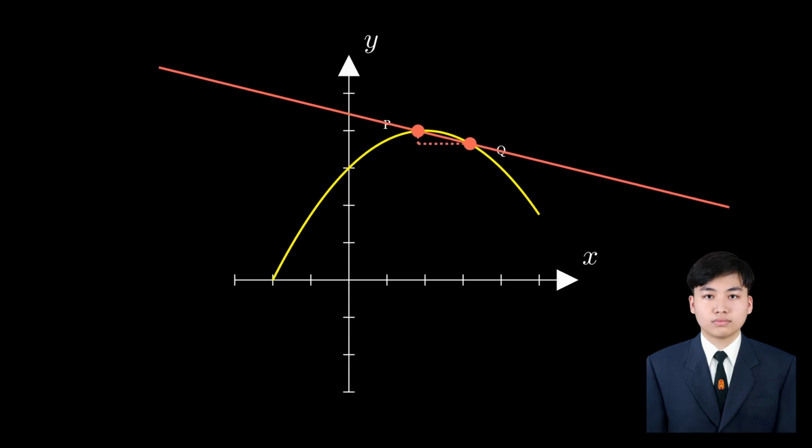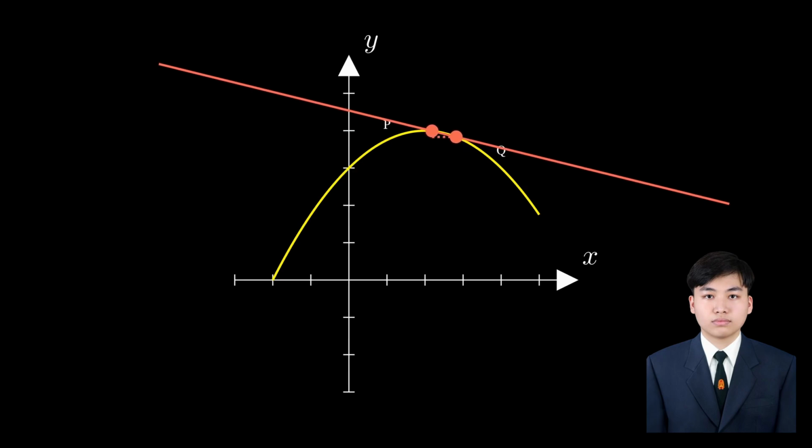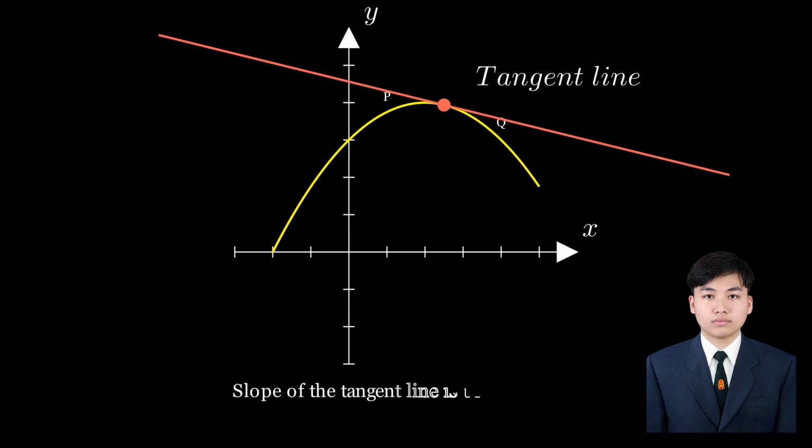As we move point Q closer to point P, the line connecting them gradually rotates. Eventually, the line becomes one that just touches the curve at point P. At that one single location, we call this the tangent line. The slope of this tangent line is the instantaneous slope or the derivative we are looking for.